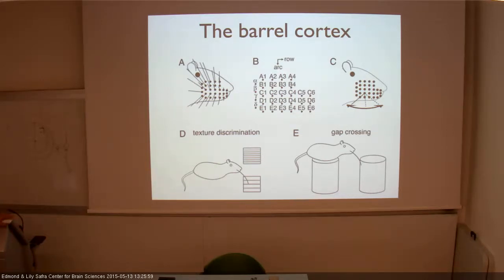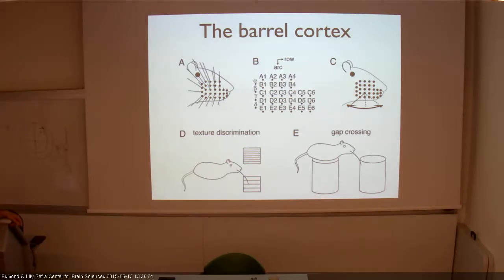And rodents actually can do many things with the whiskers. It is basically their second primary sense after vision. In some sense, they use it a lot, and there are all kinds of behavioral tasks that show what they can do with them.